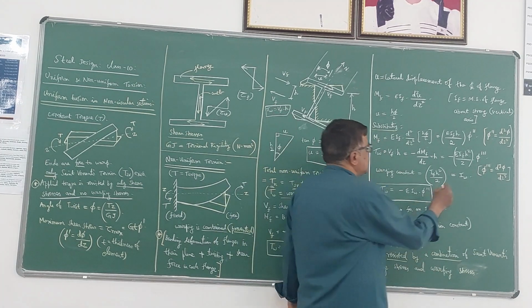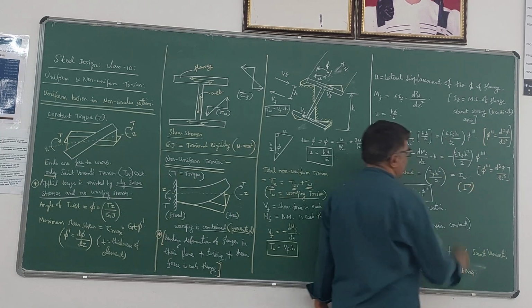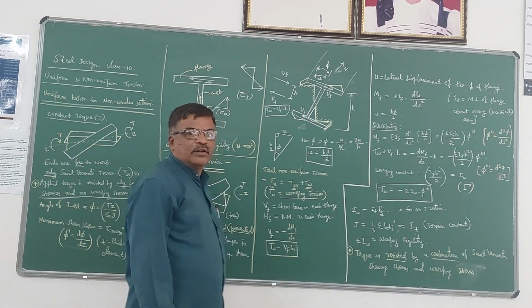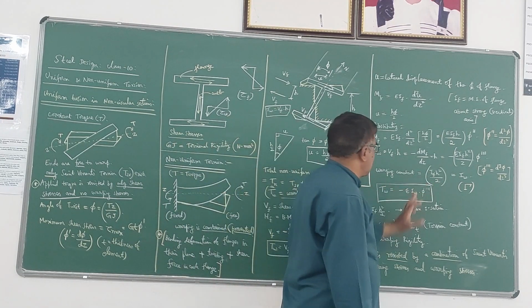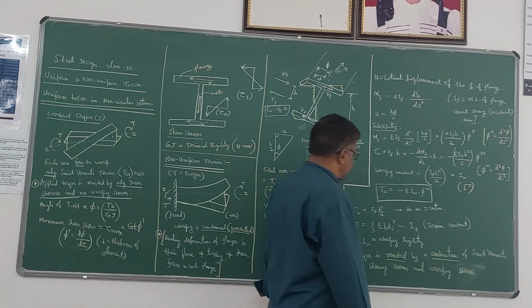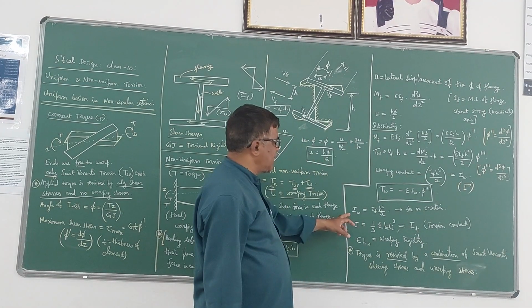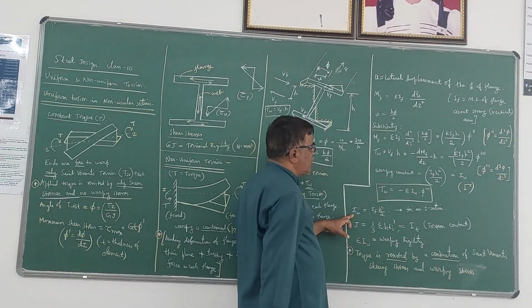In some books they use another letter for the warping constant. Anyway, in the code, IS 800, we are using IW as the warping constant. So this is the expression for warping constant for the case of an I section. In the case of an I section, IW is equal to IF into h square by 2.